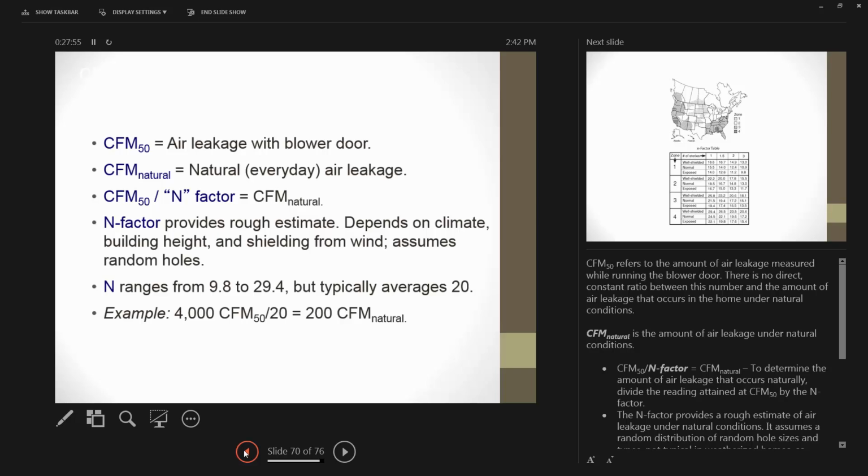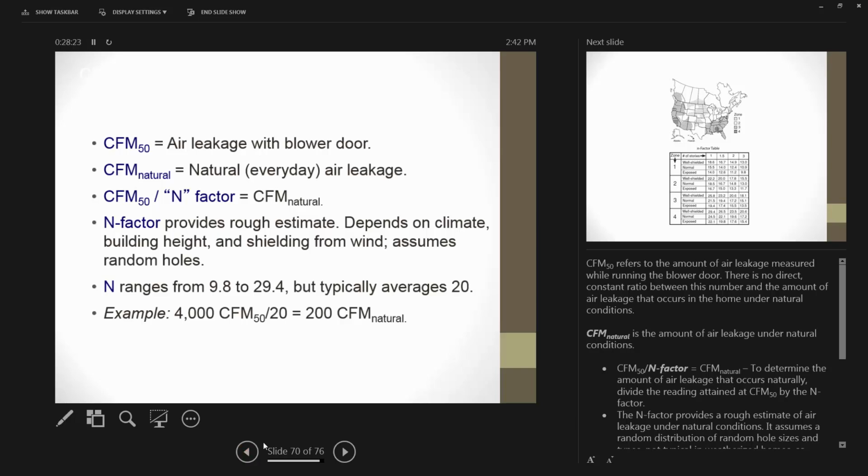Really all that's trying to do is, if you've got a 3-story building that's sitting on the very top of a hill without a tree in 50 miles, it's probably going to have a higher N factor than a 1-story building that's tucked away right at the toe of a hill surrounded by trees.